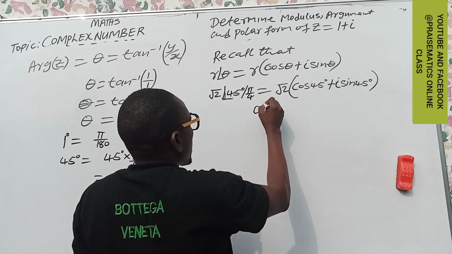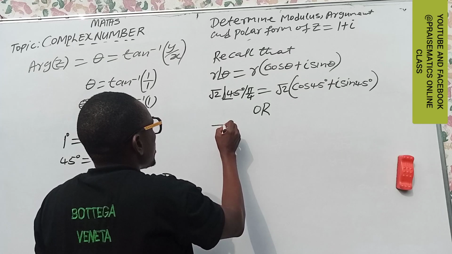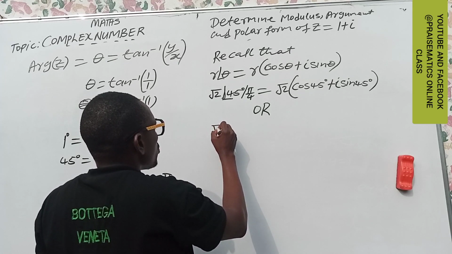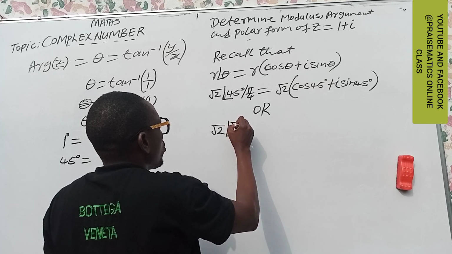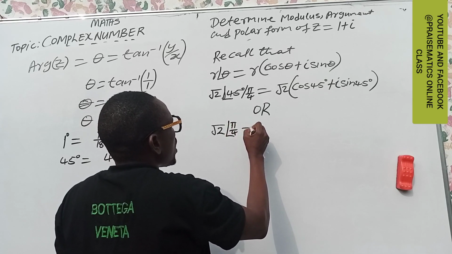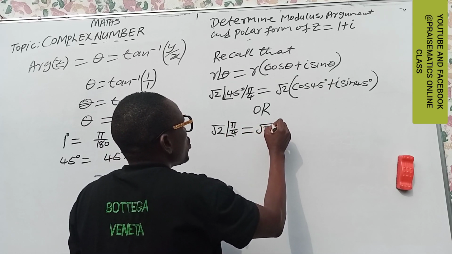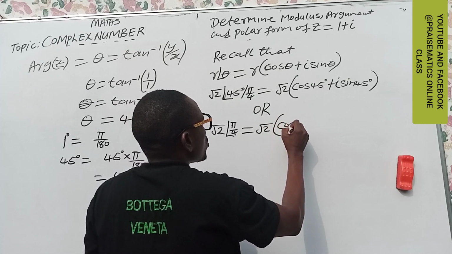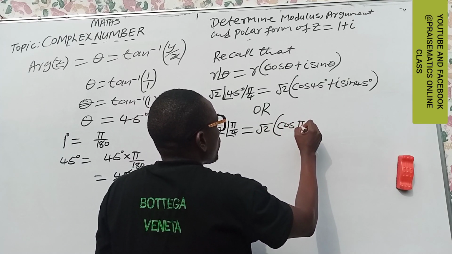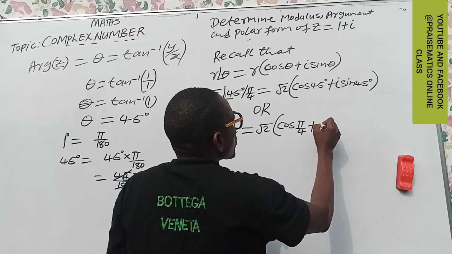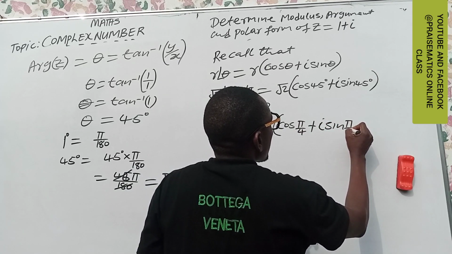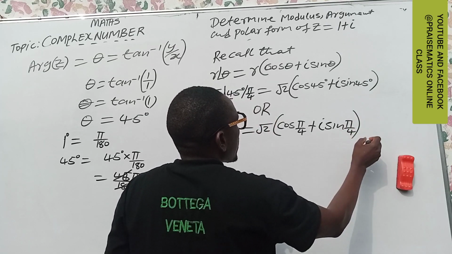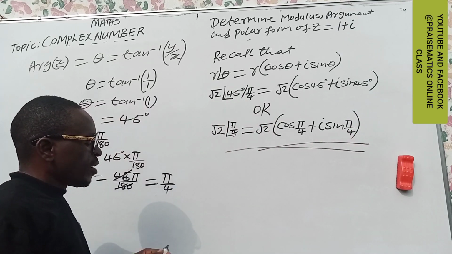Or you can have it like this: root 2 into pi over 4 is equal to root 2 into cos pi over 4 plus i sine pi over 4. Close it, and that is your answer.